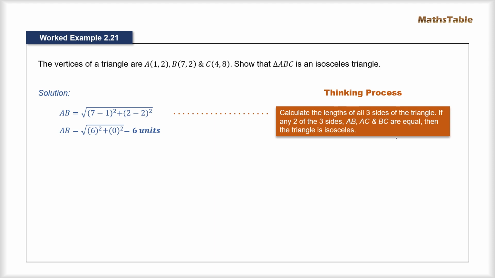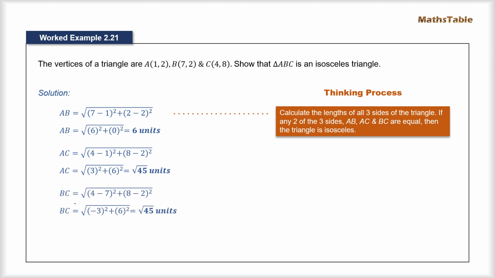Now we can simply find out the length of all these three sides by using the coordinates given. And we can check that if any two of these three sides are equal, then the triangle will be definitely isosceles. So first we'll find out the length of AB, which comes out to be 6 units. Afterwards, we find out the length of AC, which comes out to be under root 45 units.